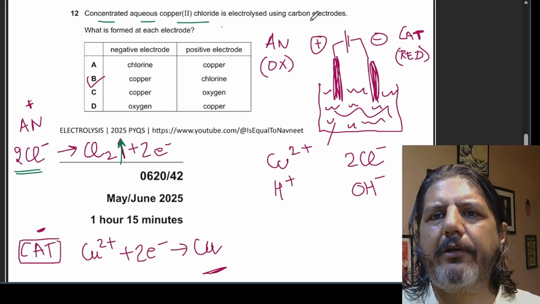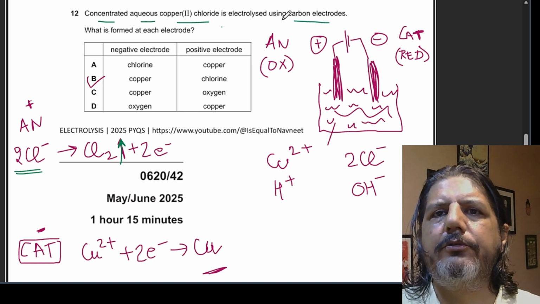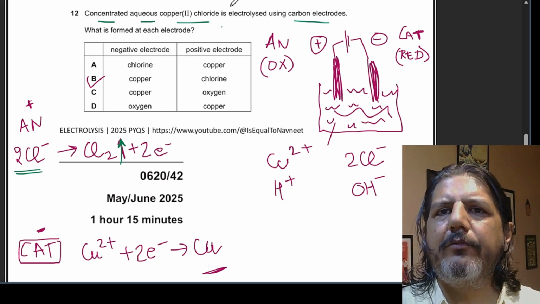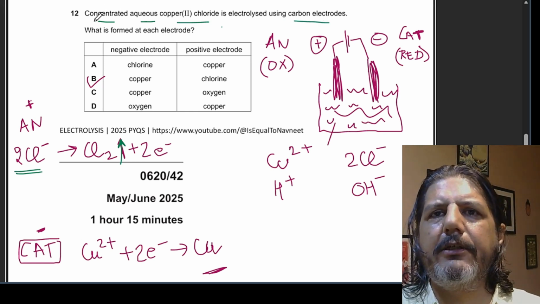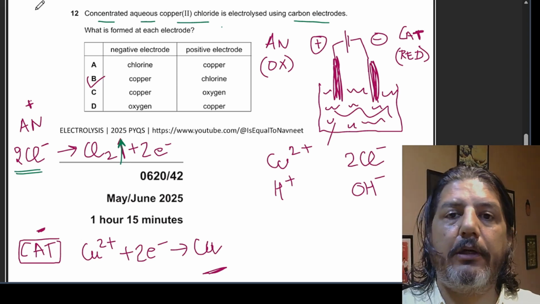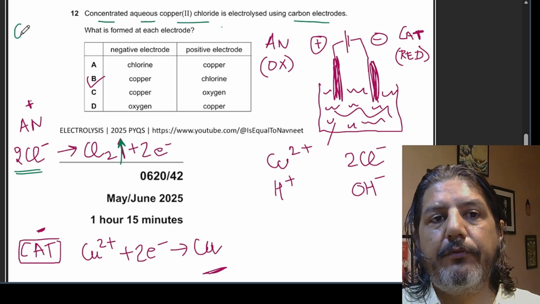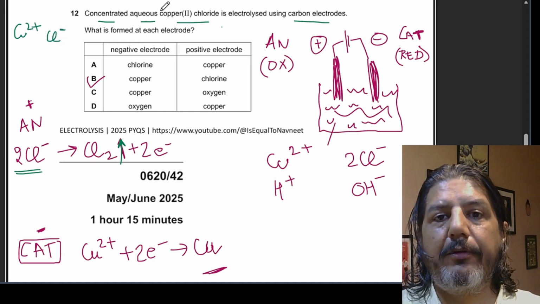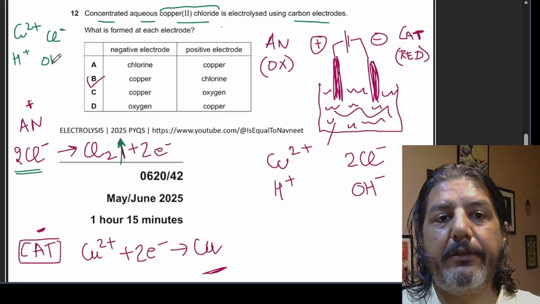In the next question, we have concentrated aqueous copper 2 chloride electrolyzed using carbon electrodes. So what is the information we will get from here? It's a concentrated aqueous copper 2 chloride electrolyte. So we'll have Cu2 positive and Cl negative coming from copper 2 chloride. Because it is aqueous, we will have H positive and OH negative.